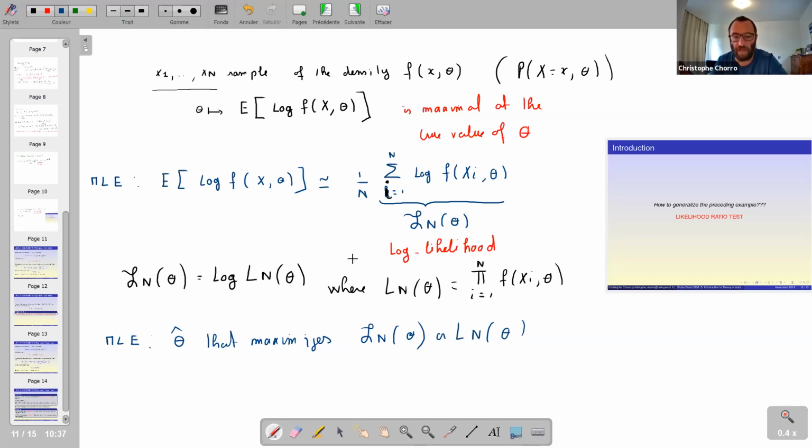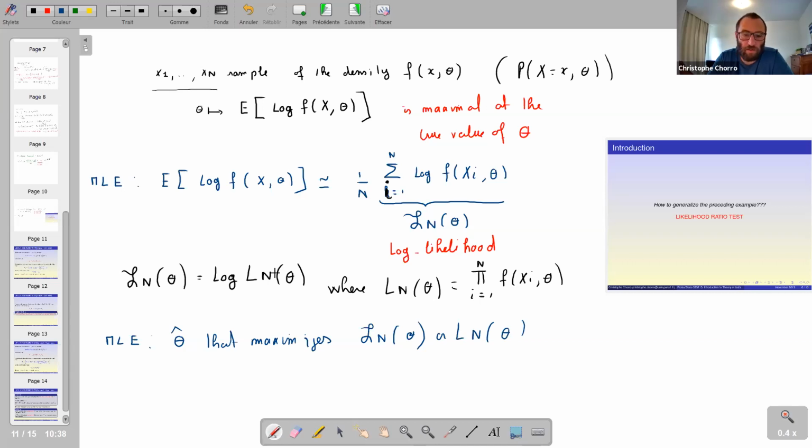If I maximize what is inside or maximize the logarithm, I obtain exactly the same thing. So the log likelihood or the likelihood are maximal for the maximum likelihood estimator, that is an approximation of the true parameter.